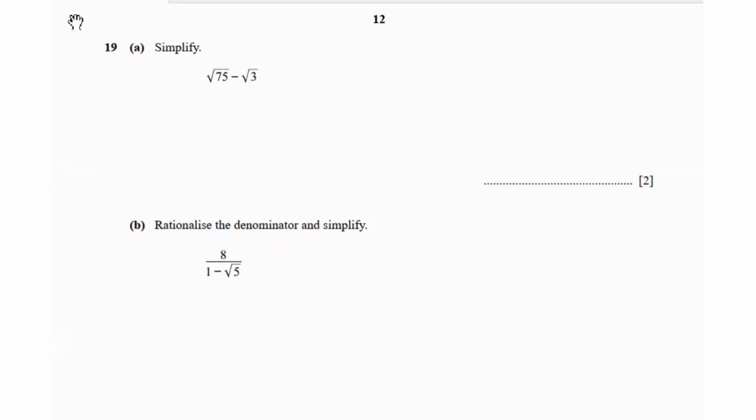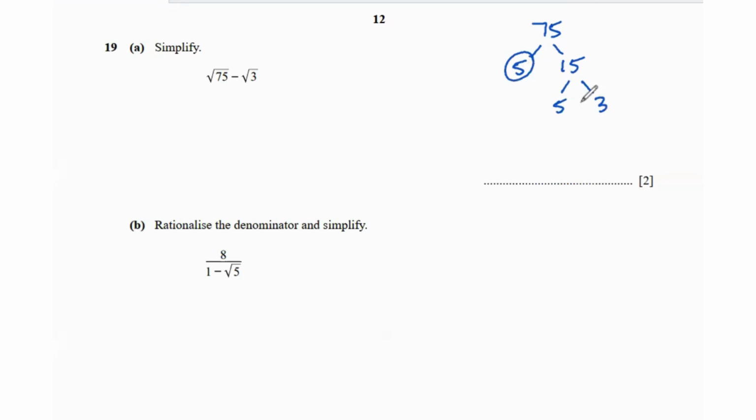Then it says simplify root 75 minus root 3. So when you're simplifying surds, we're supposed to prime factorize the number in the root, bring it to its simplest form, and then see if you're able to solve it or not. 75 basically comes in the 5 times table. So it's 5 times 15. 5 is a prime number, so we cannot break it down, but 15 can be broken down into 5 times 3.